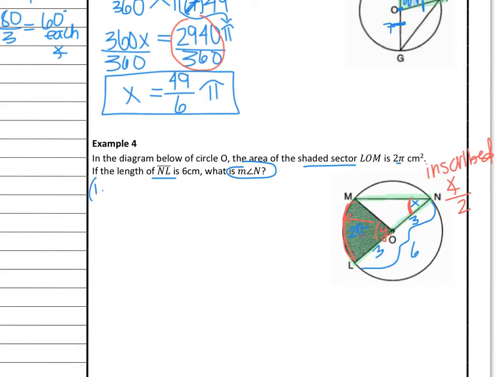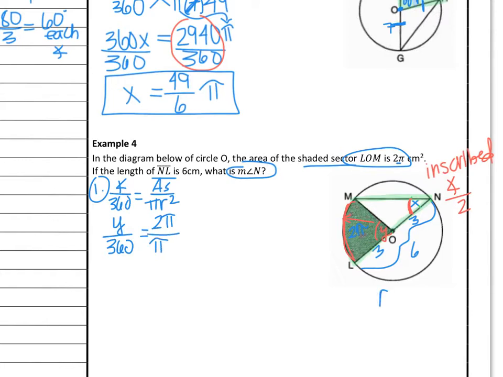So our first part is to use the angle over 360 equals area of the sector over pi r squared. Okay, so I called that central angle Y. So I'm going to write Y over 360 equals area of the sector is 2 pi. So I'm going to plug in a 2 pi, which it says right there, over pi r squared. So our radius was 3.